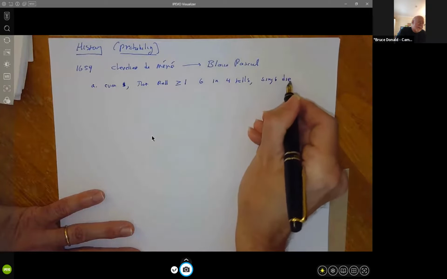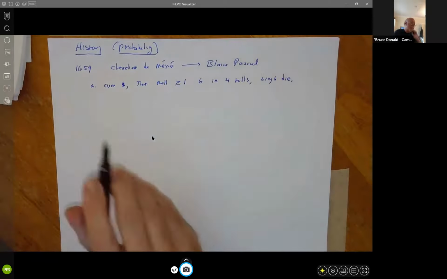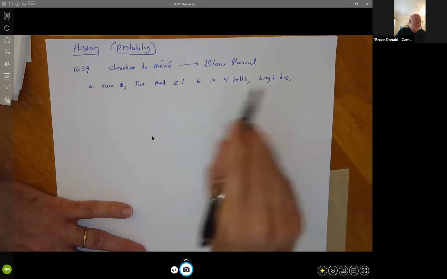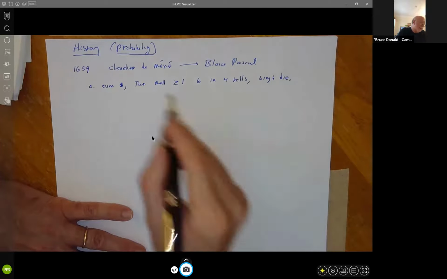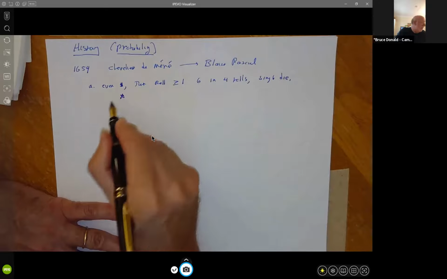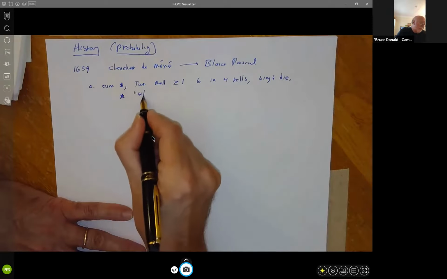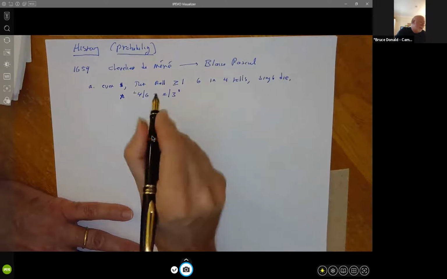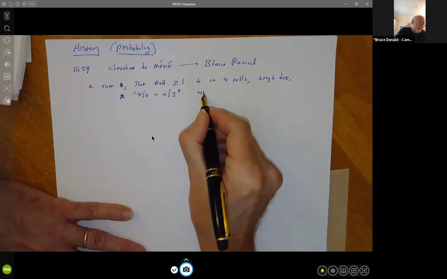Remember, die is singular, dice is plural. So he's betting even money that he will roll at least one 6 if he rolls the die 4 times. And he claims the probability of winning is 4/6, which is equal to 2/3. I put a star here for reasons that you'll see. And let's just annotate this by saying he's winning.